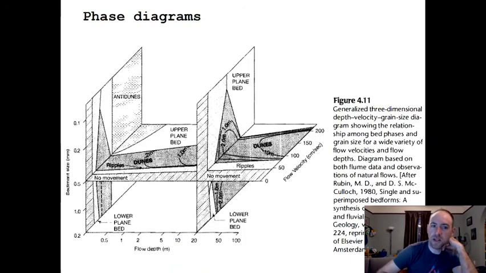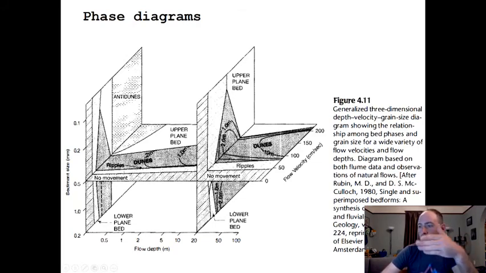But again, the reality is that these phase spaces are much more complicated than that. And again, they're a function of the velocity, the depth, and the grain size here. And so it's actually a three-dimensional space, and there are much more complicated versions of this that are, I would argue, more physically based and more accurate, but these are common to use.